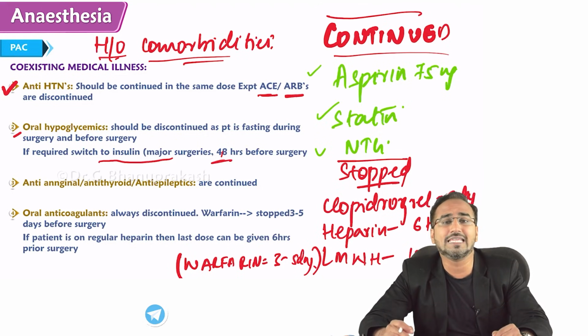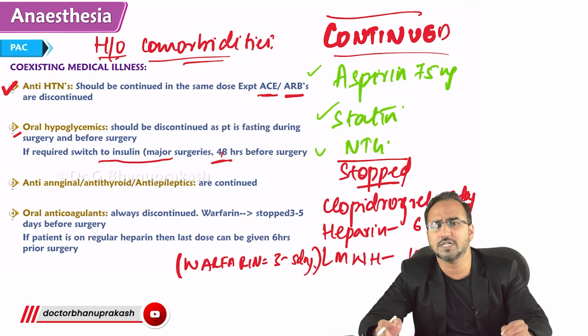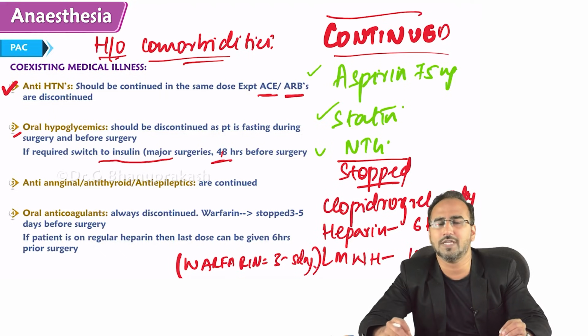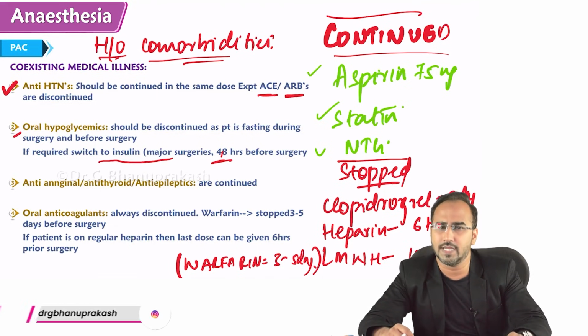If the female is taking oral contraceptive pills, what is your advice? Normally any person who takes the pill, if she comes to your clinic and tells you, doctor, I'm having this habit of taking the pill, is it a good or a bad thing for my health? Please advise me something.